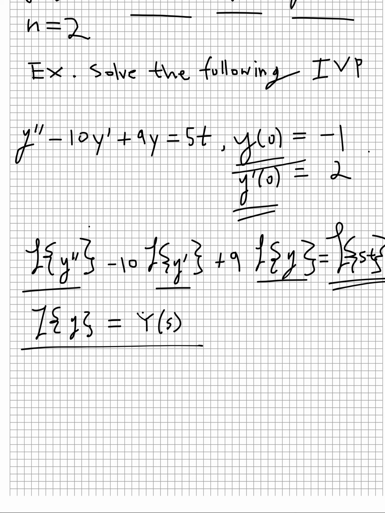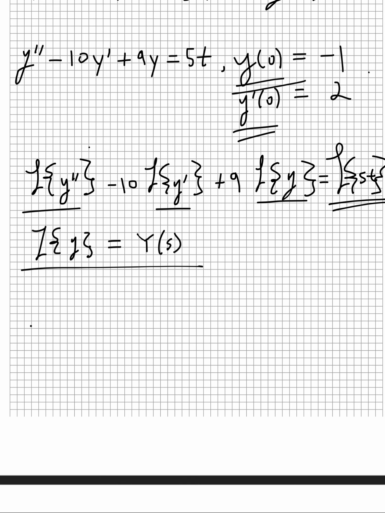Now let's expand this newly transformed expression into what it actually looks like using what we derived previously. First we'll start with the second order term. That's going to be s squared times capital Y of s, minus s times y of 0, minus y prime of 0, and that is just for the first term with respect to the second order.